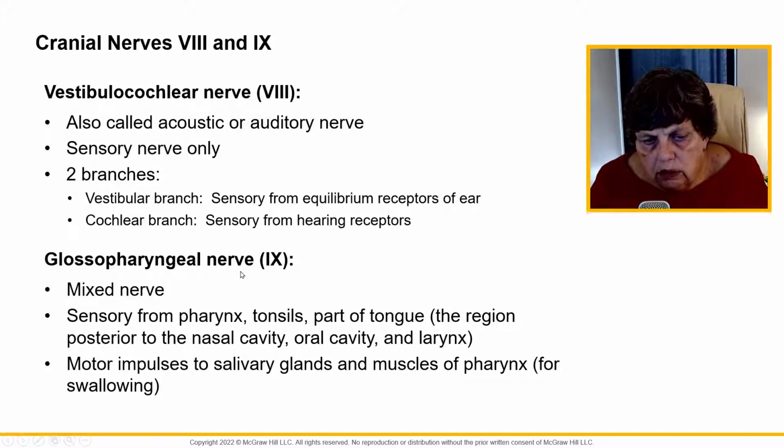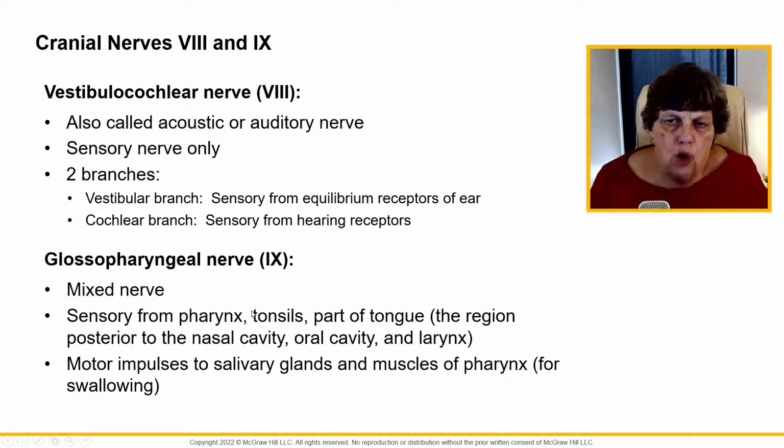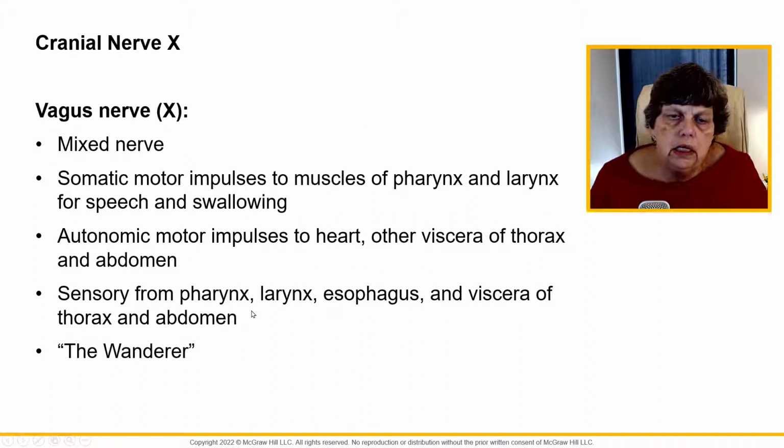Glossopharyngeal nerve, tongue, pharynx. So we're talking about the pharynx part of the tongue, the tonsils. This is to the salivary glands and the muscles of the pharynx that allow you to swallow. So that's number 9. Number 10, the vagus nerve, called the wanderer.